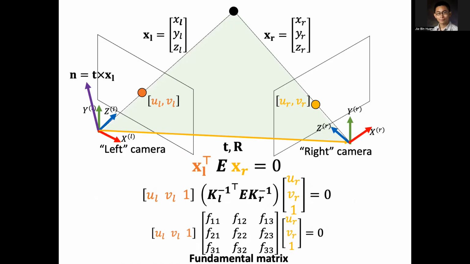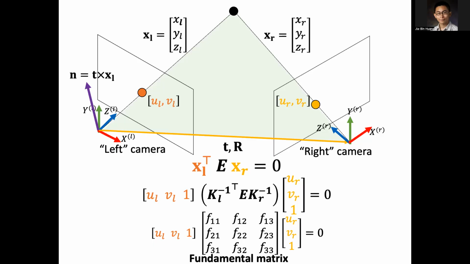If I know F, I have F times this point. Look at this vector times this matrix, a 1x3 times a 3x3 gives a 1x3.